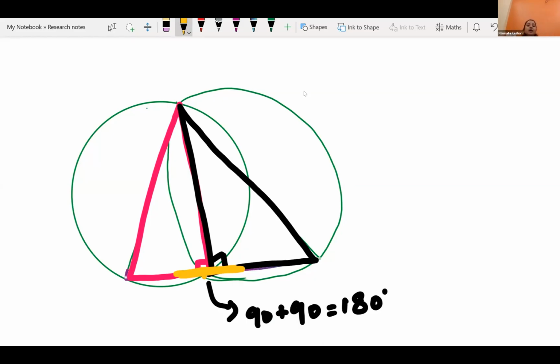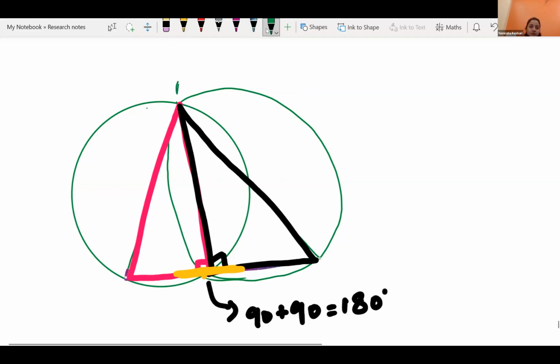That means a straight angle, a linear pair. That means there is a straight line over there. But we are talking about a circle. How can there be a straight line? That means this must be a side of the triangle, the third side of the triangle. Yes or no? Yes, ma'am. Everyone, is it clear?